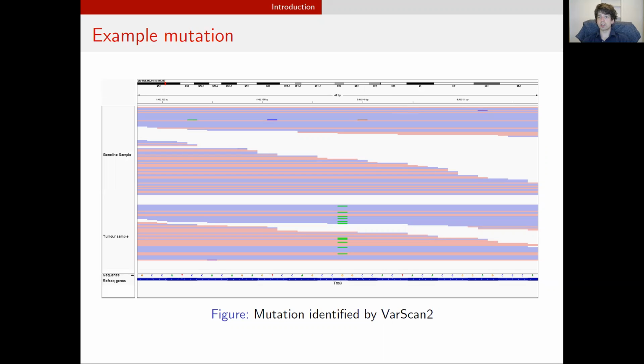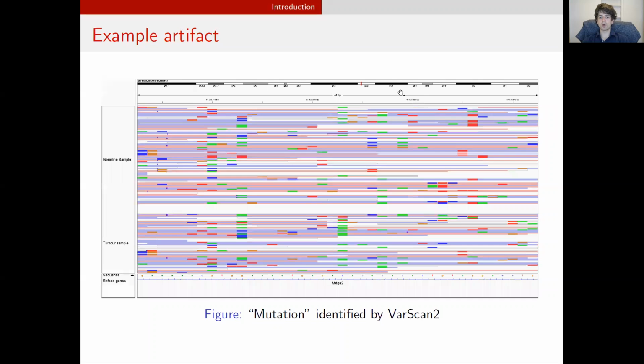And then on the other end of the spectrum, there are also points like this one, which are also called by the variant caller, even though as humans we see that this is just sequencing gone horribly wrong, and there is no information here, it's just garbage. And so between these 2 points, there are of course many gray zones.